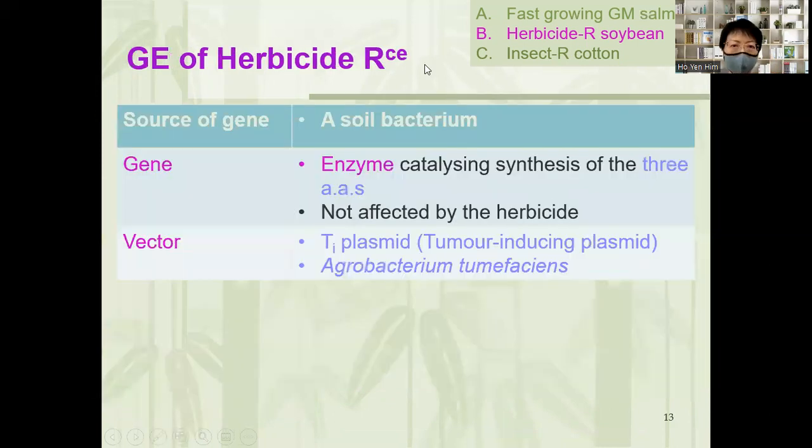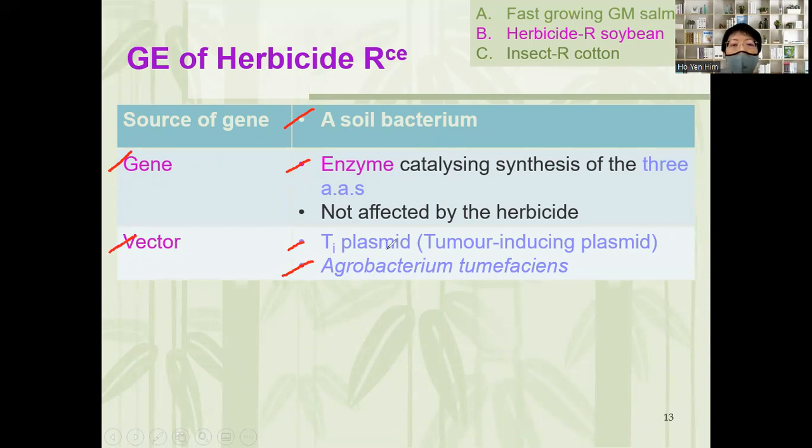So what is the gene we've introduced? The gene is a gene coding for an enzyme that catalyzes the synthesis of 3 amino acids. And this gene comes from a soil bacterium. And it is being introduced into the plant cell using these 2 vectors, Ti plasmid and the bacterium Agrobacterium tumefaciens.